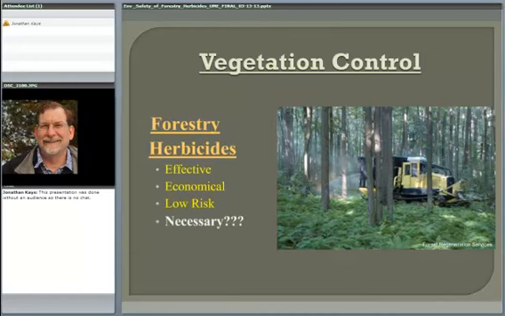The other question that comes up is, are they necessary? And like I stated earlier, I'll repeat a little bit, they may be the only means for controlling certain vegetation. Again, I'll come back to my example of tree of heaven, or Ailanthus, which you're better off not doing any type of control unless it's going to be chemical with herbicide, because just mechanical cutting of those trees is going to stimulate so much root sprouting that you're just going to have a million stems to deal with.